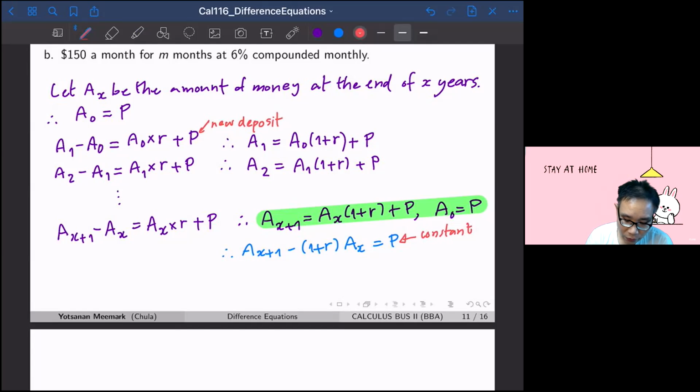Okay, so you know that you're going to have two steps. Step 1 is the homogeneous.